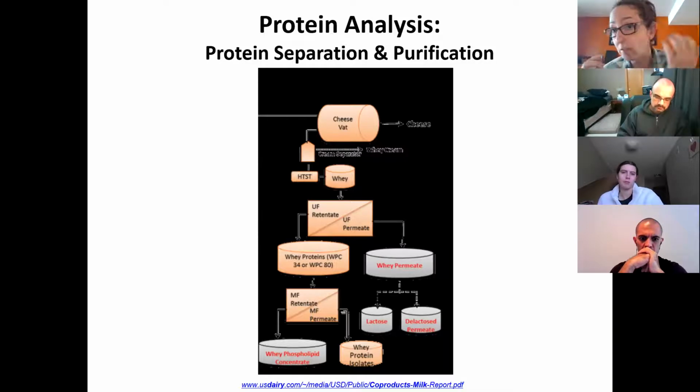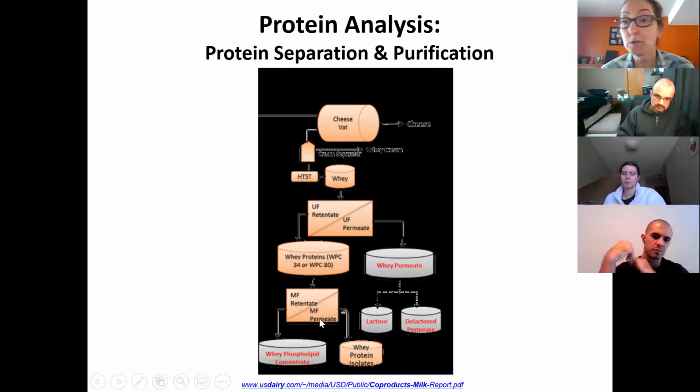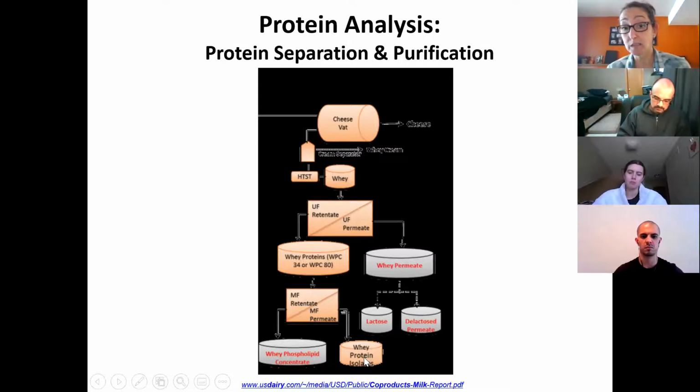And lipids like phospholipids will also be in the retentate. Then your permeate would be your proteins, and you get a whey protein isolate here. The retentate is another byproduct. We call it whey phospholipid concentrate, or some of you might know it as procream, if you have heard of that term before.